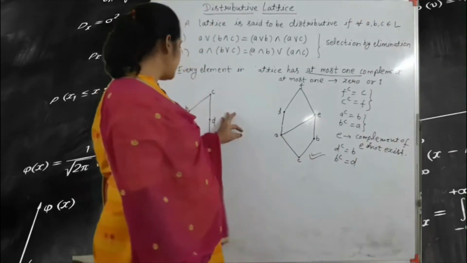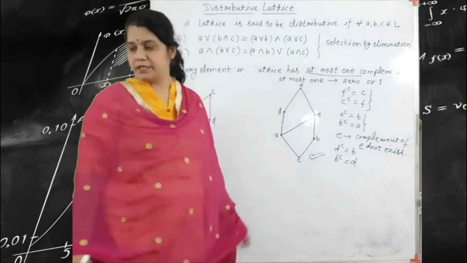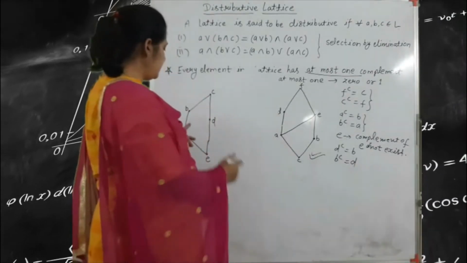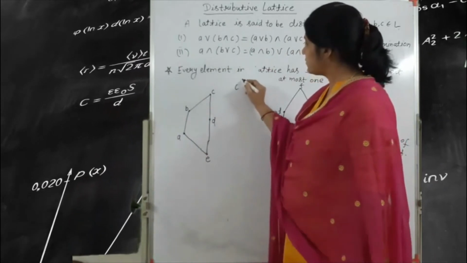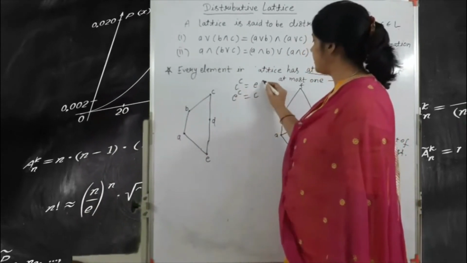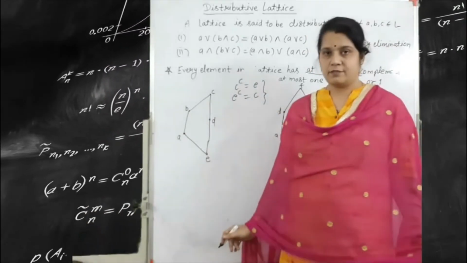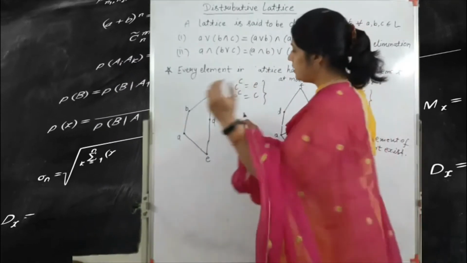Okay, one more example. We have here five vertices A, B, C, D, E. The complement of C is equal to E and the complement of E is equal to C. In case we consider B and D, what is the first join?